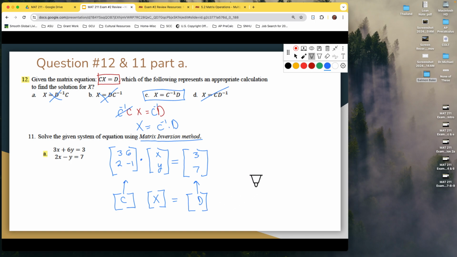And once we have those in there, to solve this, we're going to take matrix C, take its inverse, and then multiply it times matrix D. And if we put this in with an augmented matrix, this is the other method, it would be 3, 6, 3, 2, -1, 7.